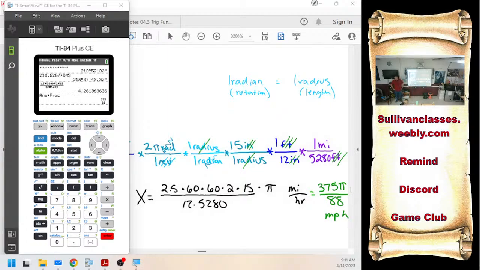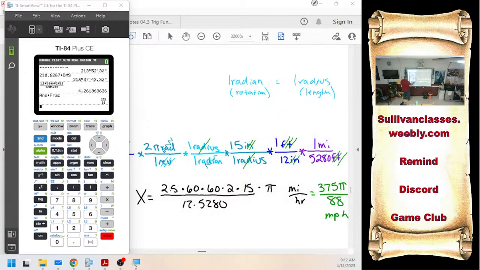Now, if I said that something was traveling 375 pi over 88 miles per hour, for example, if you told the cop that pulled you over, no, I was only going 375 pi over 88 miles per hour. Well, that's being pedantic. They might just write you up.